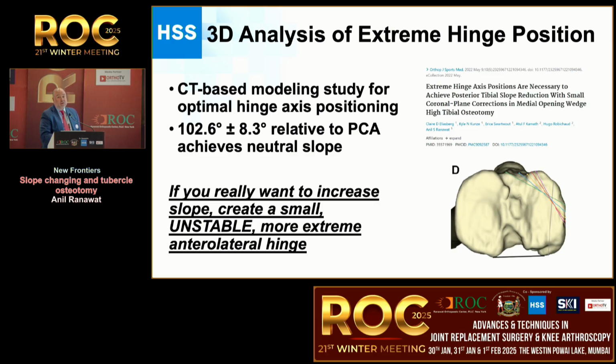And the only way you can do that actually is with big coronal correction. So there's no way to really change slope unless you want to change the coronal correction greater than 7-8 degrees. If you want to just take 1 or 2 degrees out of slope and only have a 2 or 3 degree coronal correction, you can't do that.